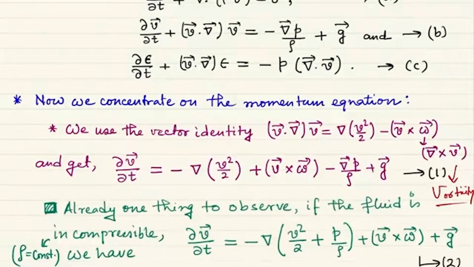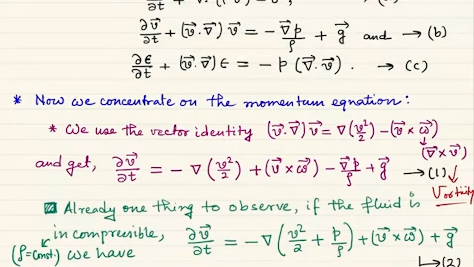For a very simple case where rho is constant, the gradient of p by rho and the gradient of v squared by 2 can be taken under the same umbrella, and this will give you minus gradient of v squared by 2 plus p by rho. So for an incompressible fluid, rho is simply a constant, and the effective variable is the pressure itself.